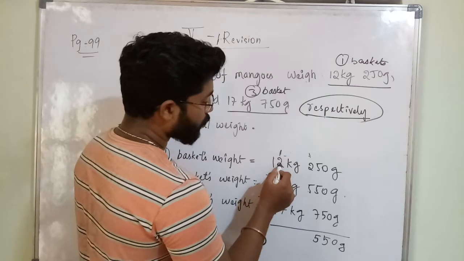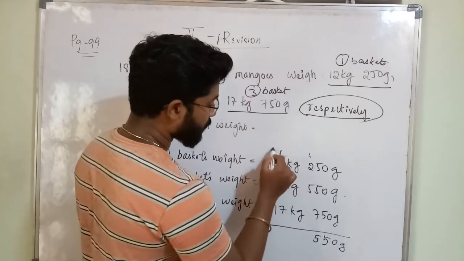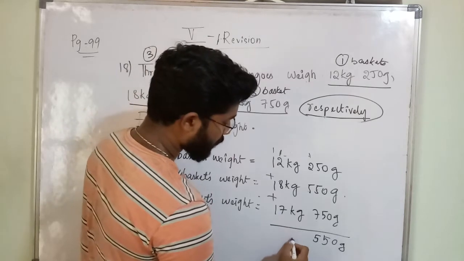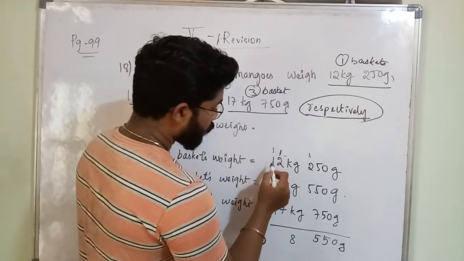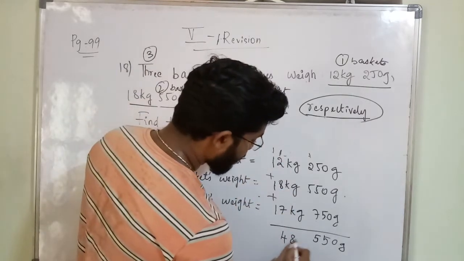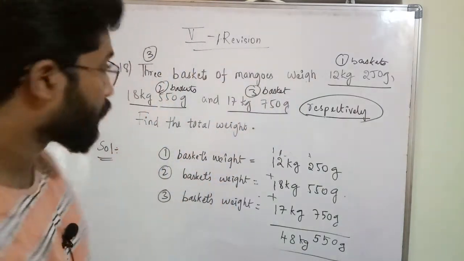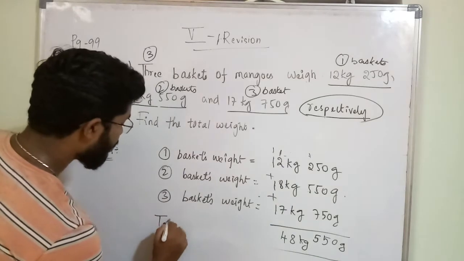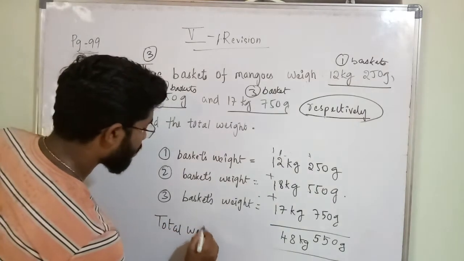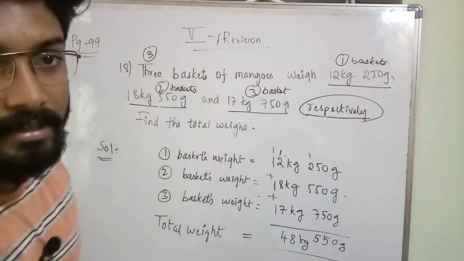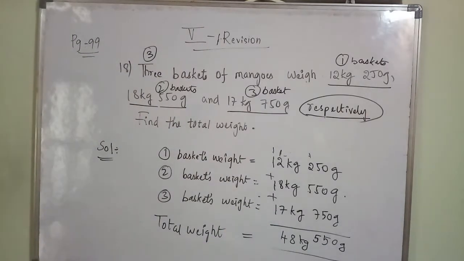Here 8 plus 2 is 10, 10 plus 7 is 17, plus 1 is 18. Next, 48 kgs 550 grams is the answer. So what is the total weight? Total weight is equal to 48 kgs 550 grams. That is the answer, okay.